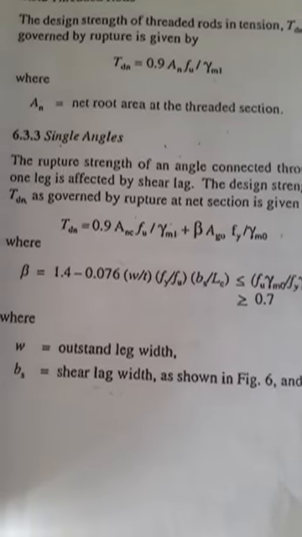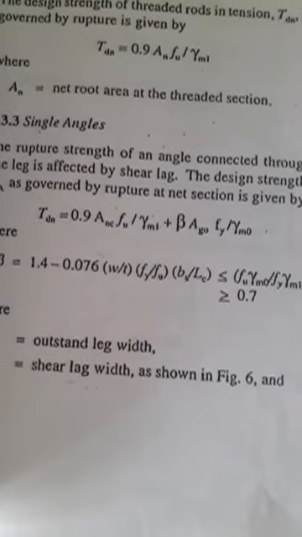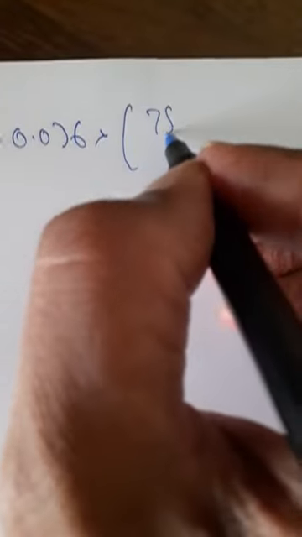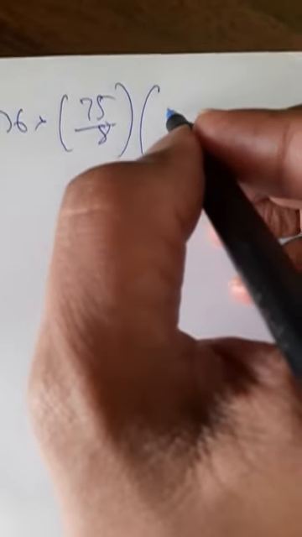Now first find out beta value. So beta is equal to 1 minus 1.4 minus 0.076 into W by T. W is 75, T is 8 into Fy by Fu.